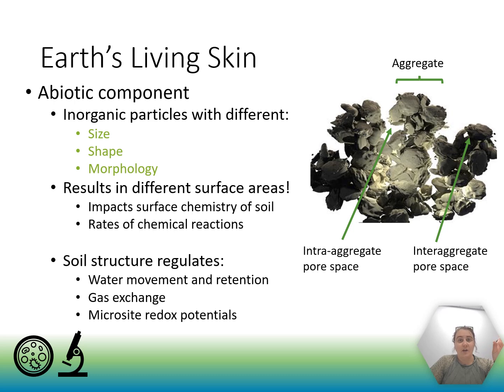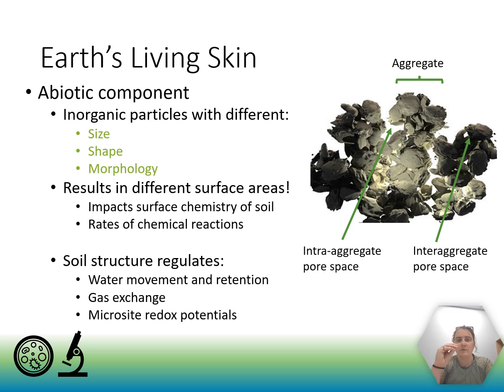The abiotic component of soil is going to be really important structurally to what's happening with the living organisms. Inorganic particles within the soil are going to differ in size, shape, and what we call morphology. Think of morphology as characteristics related to what the particular component is. Having those different sizes, shapes, and morphologies results in different surface areas.